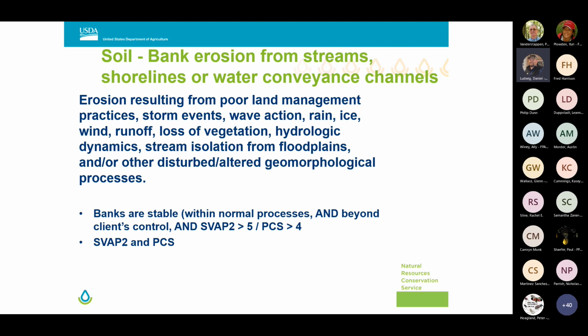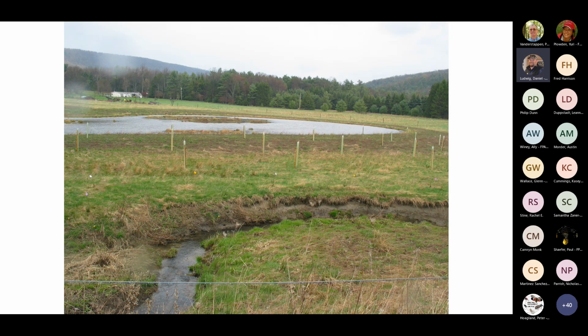Not something that we've implemented in Pennsylvania yet, but we're looking at it. If anybody's ever seen SVAP2, it is a very complex assessment that has at least 15 indicators that you need to move through to come up with these different ratings. But again, visual observation is typically what we're using, but we do have an assessment tool for it.